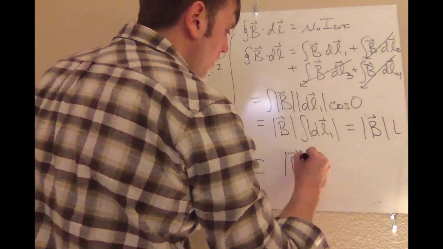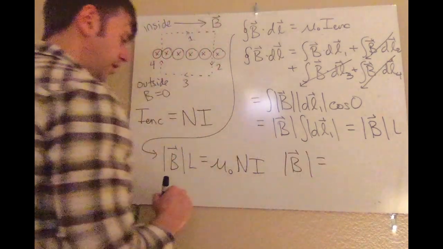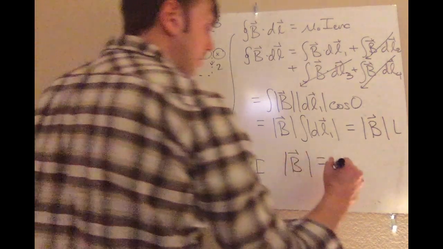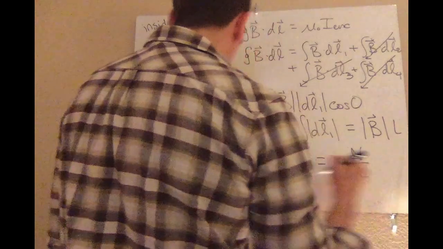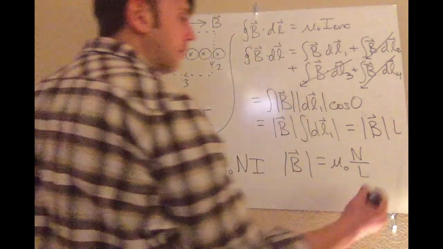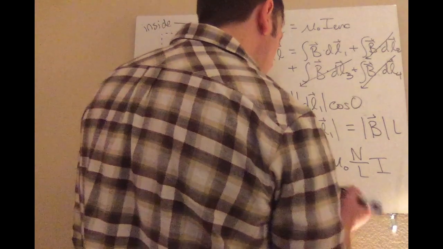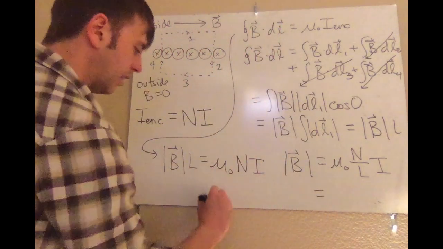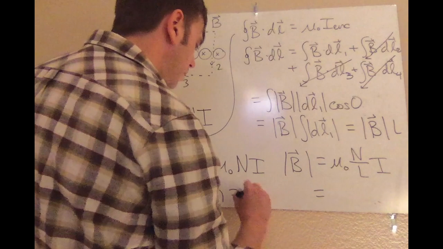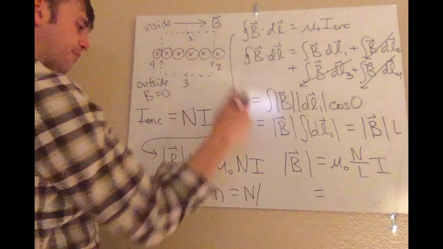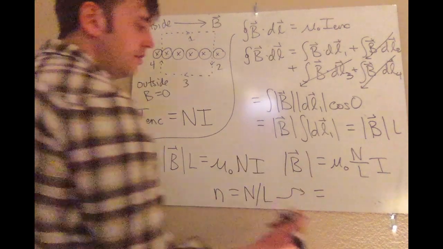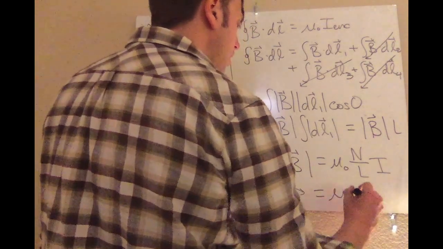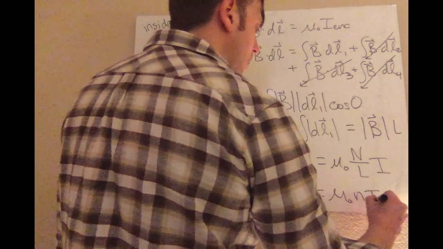To solve for B, we have mu naught times capital N, and then we have to divide out this L, so put it down here, times I. If you remember, lowercase n is the number of turns of wire per unit length. We can re-express this as mu naught times lowercase n times I.